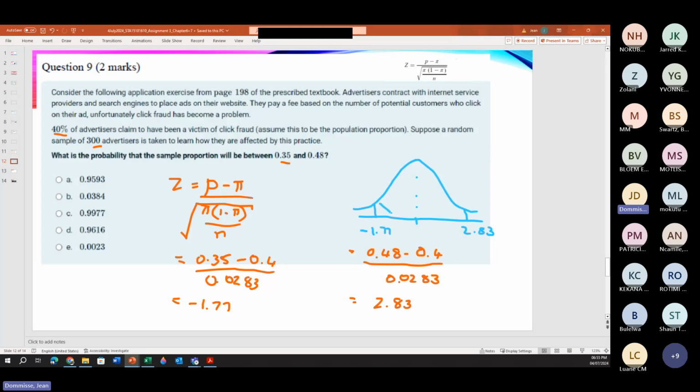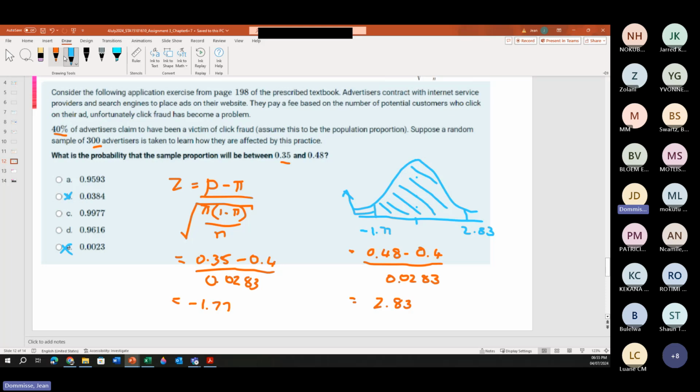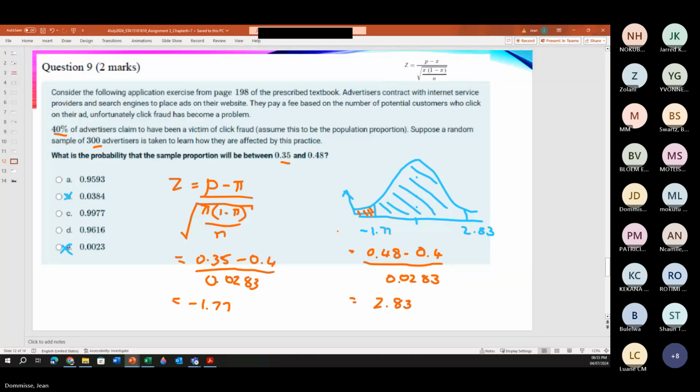One can nearly see on this one now we're looking for this area. That is definitely going to be bigger than 0.5, so not that one, not that one. So let's look at what that value is. This area in orange, we can go to the negative table, minus 1.77.